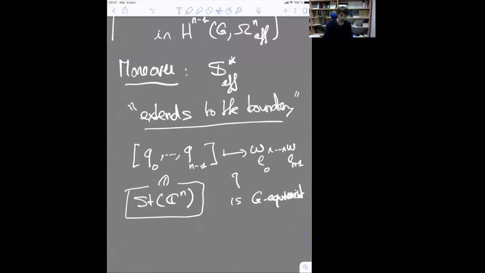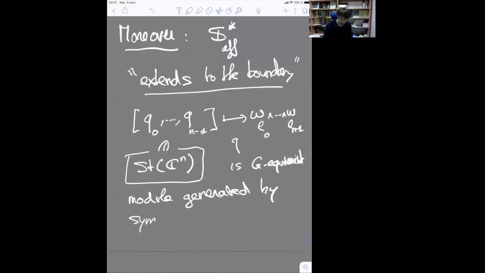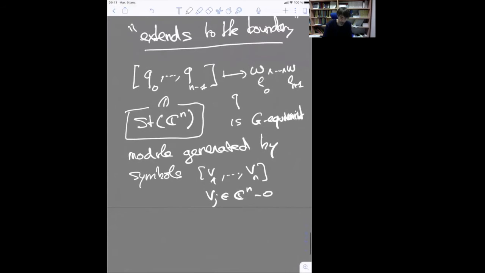And what I call the Steinberg module is the module generated by the symbols [v_1, ..., v_n], where these are non-zero vectors in C^n, plus some relations between them.